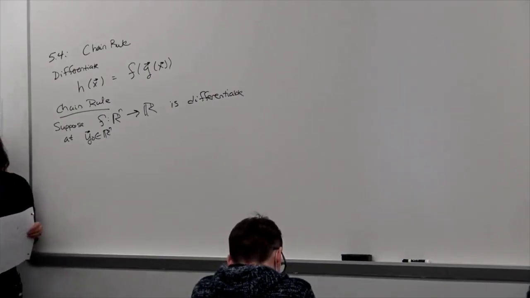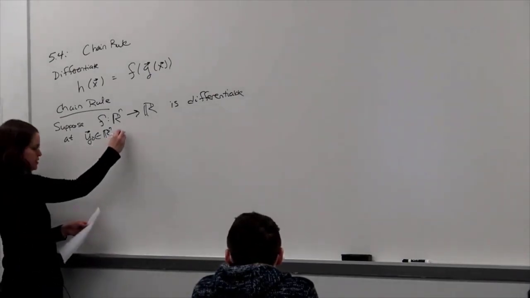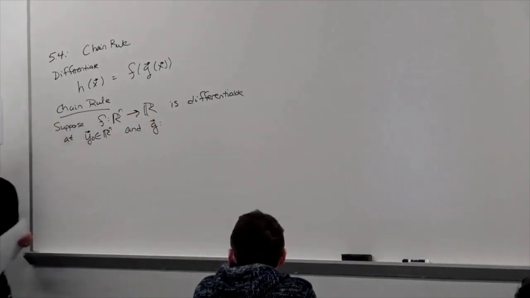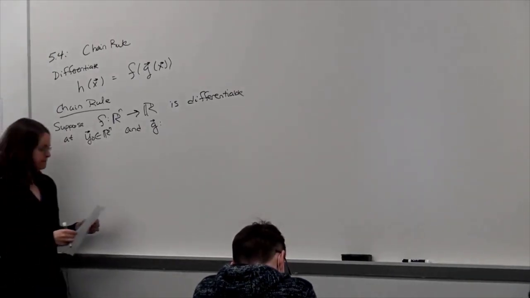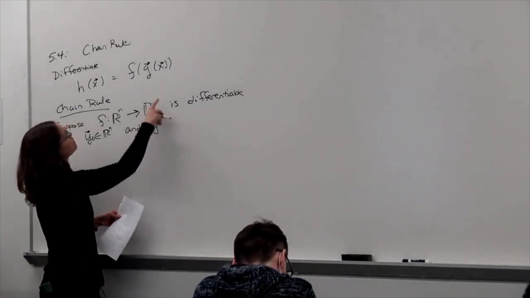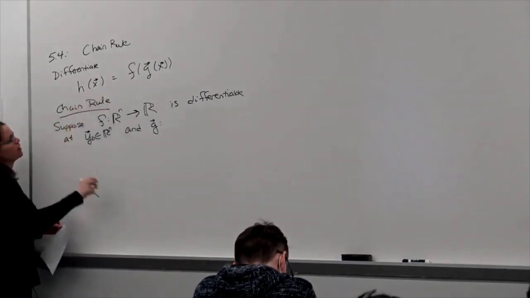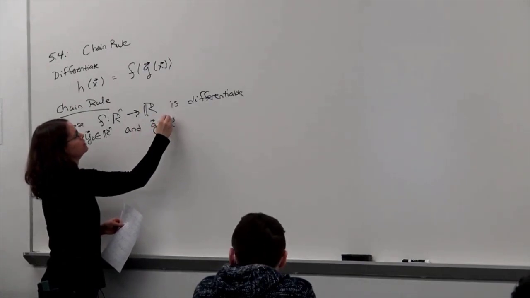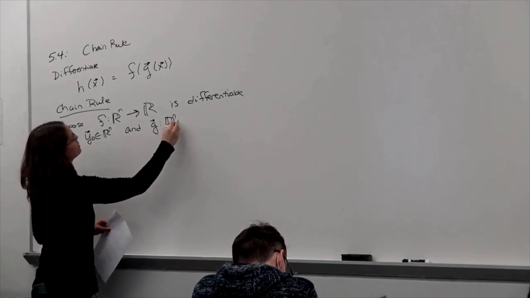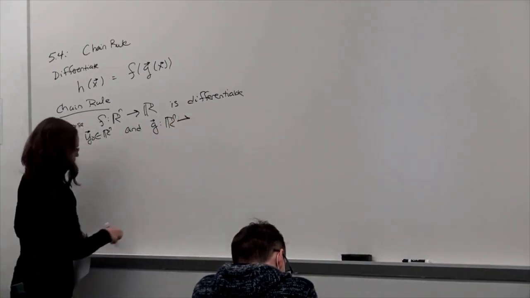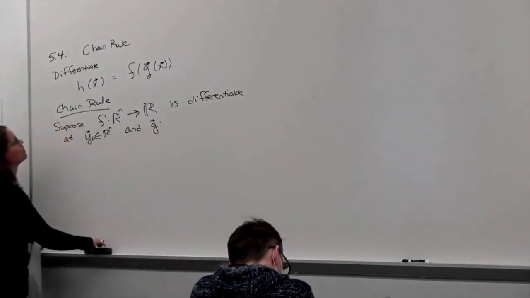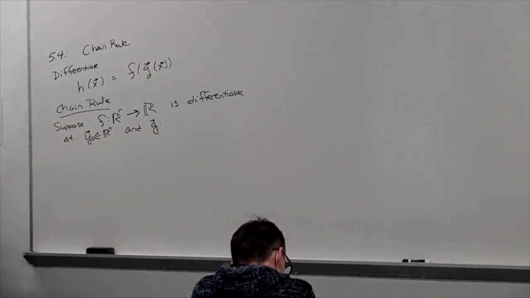And then we're going to have our inner function. Our inner function is this vector valued object. So g and x don't have to have the same size, right?